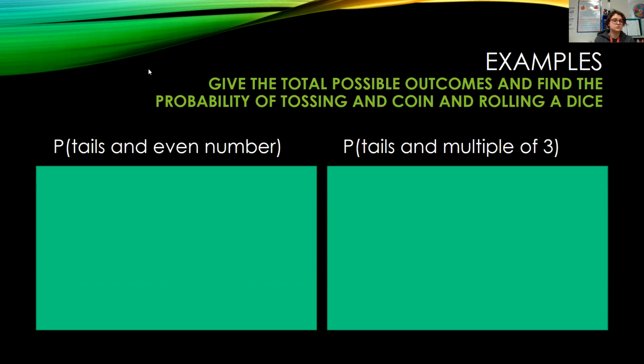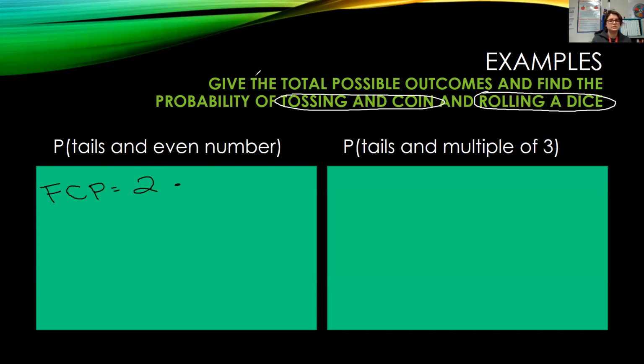Let's first start by using our fundamental counting principle, which says if we take all the possible outcomes for the first event, tossing a coin, that has 2 outcomes, and we multiply it times all of the possible outcomes of our second event, rolling a standard 6-sided dice that has 6 outcomes, then we know we have a total of 12 possible outcomes.